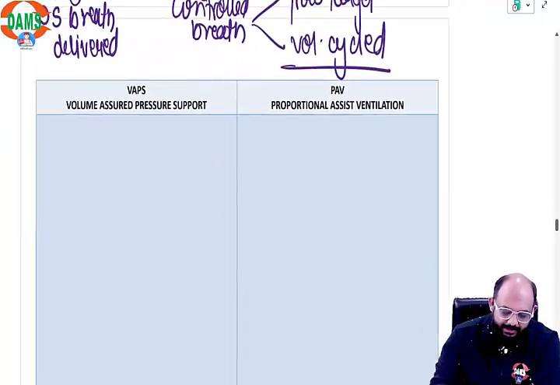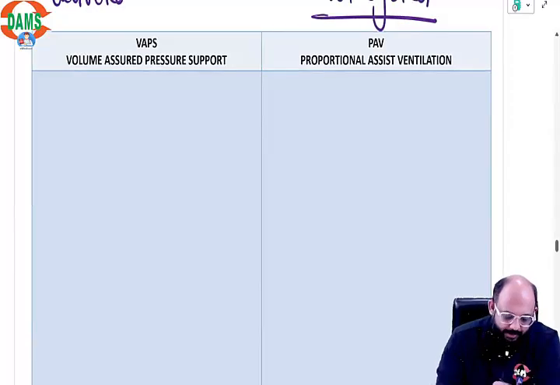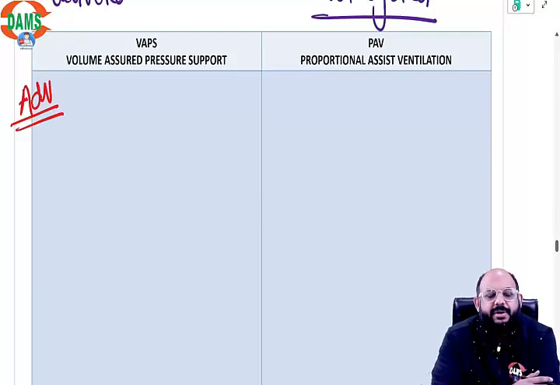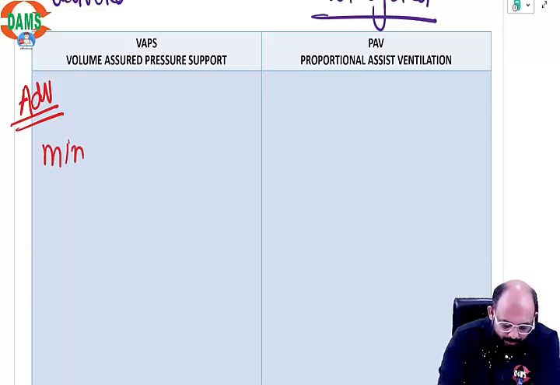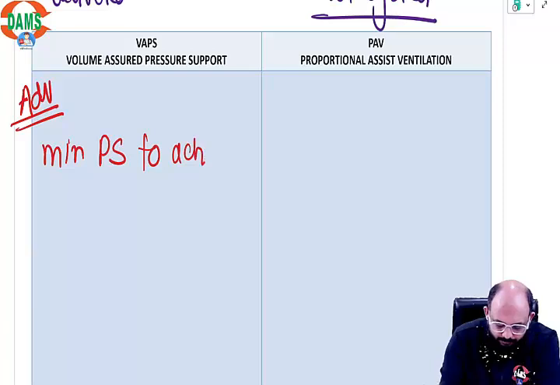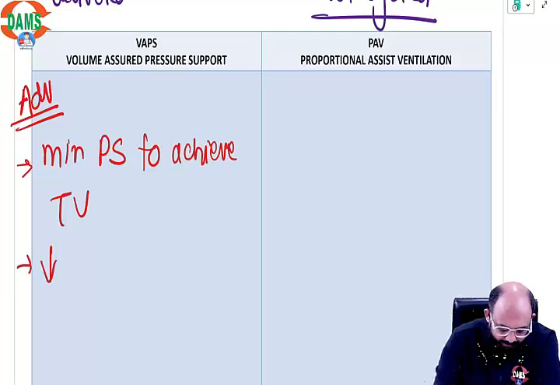Let's look at the advantages. Advantages of volume assured pressure support ventilation: minimum pressure support to achieve tidal volume. Decreases the work of breathing.